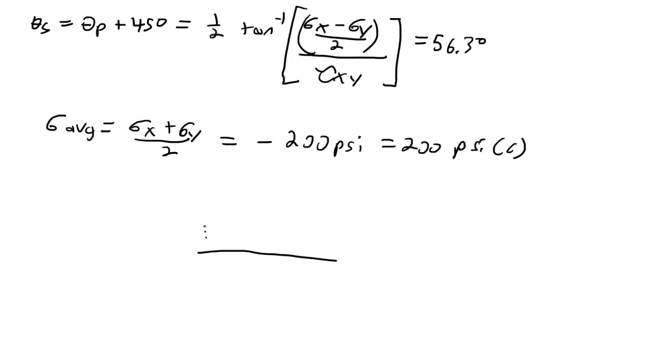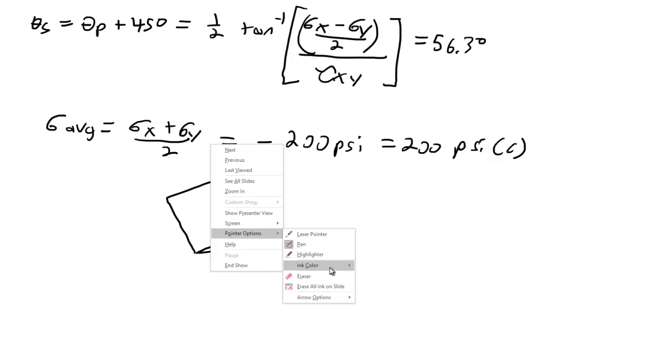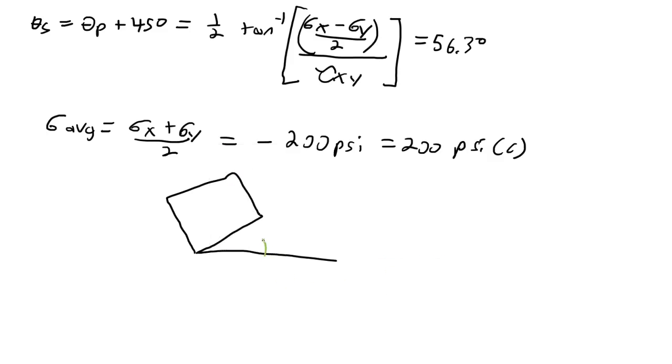So if I show the stress block here at the maximum shear angle, we're going to have the following stress condition. Well, first of all, let's list the angle. 11.3 degrees plus 45 degrees equals 56.3 degrees.